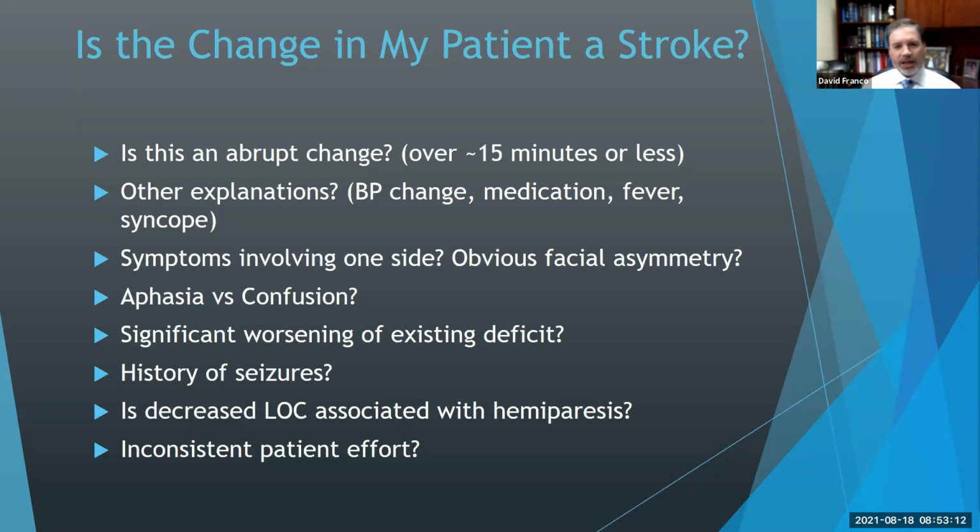So if you have a medication that's sedating or causing a problem, or if you have something like a metabolic problem such as renal insufficiency or hepatic failure, these are going to cause the entire brain to be affected. Whereas aphasia is a focal or hemispheric problem involving language.